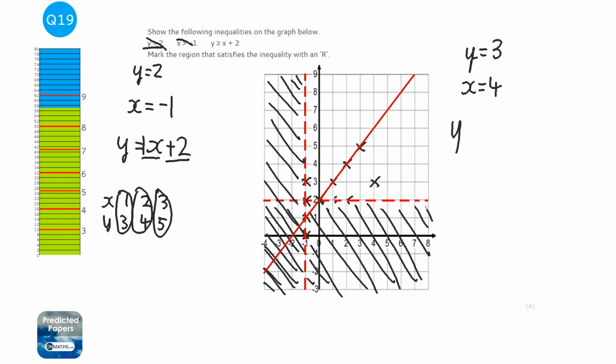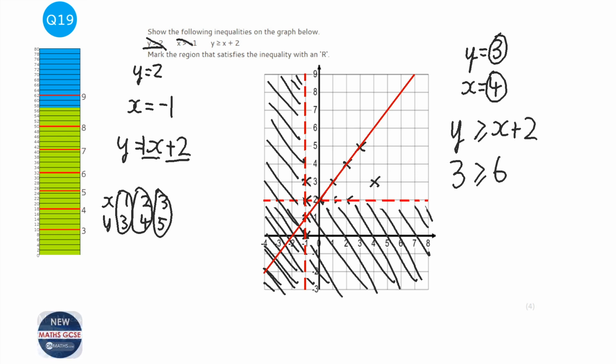So what we want is y to be greater than or equal to x plus 2. Now x plus 2 is going to be 4 plus 2, which is 6. So is 3, which is our y coordinate, greater than or equal to 6? Well, no, 3 is not greater than or equal to 6. So that shows us that we want to shade in this bit because we don't want this bit.